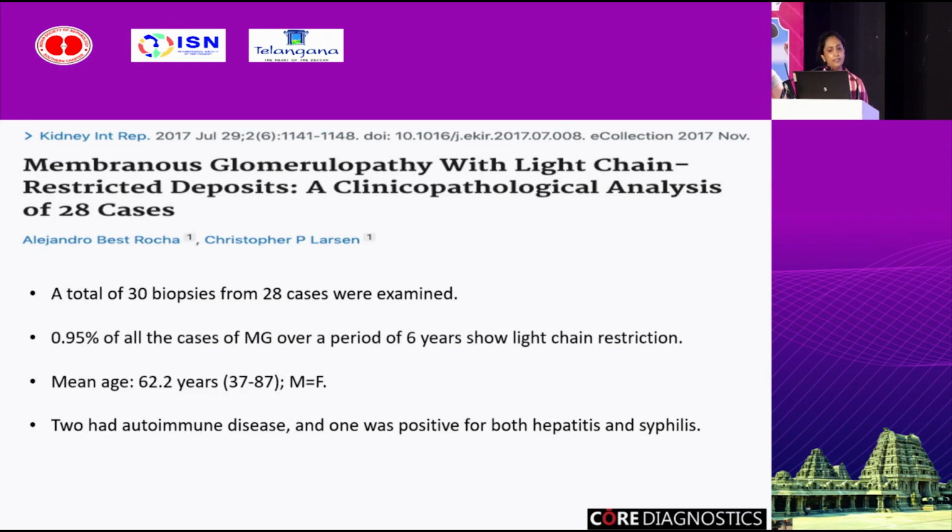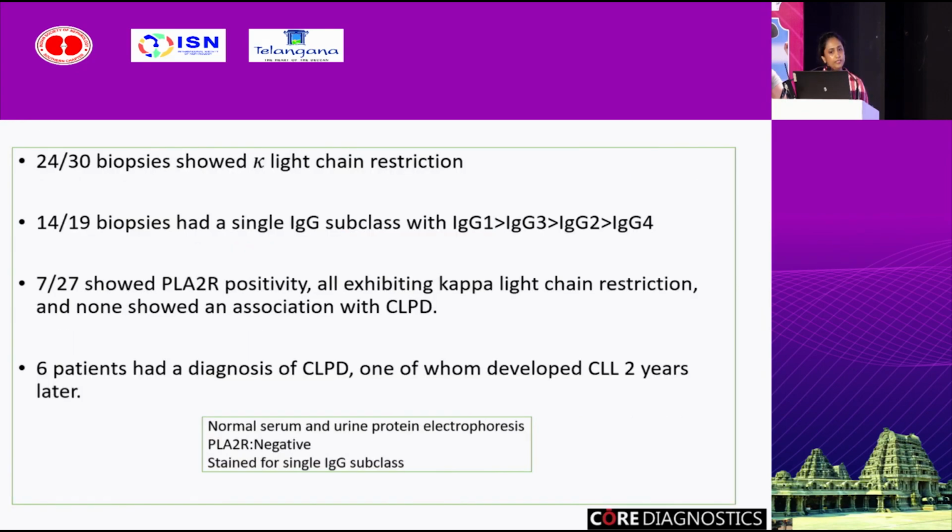Now, 2 had an underlying autoimmune disease, and 1 was positive for hepatitis and syphilis. 24 of the 30 biopsies showed kappa light chain restriction, while the rest showed lambda light chain restriction. 19 biopsies were available for IgG subclassification, of which 14 showed a single IgG subclass. Now, in this case series, in contrast to the previous case reports, IgG1 was the most commonly seen subclass, followed by IgG3, 2 and 4.